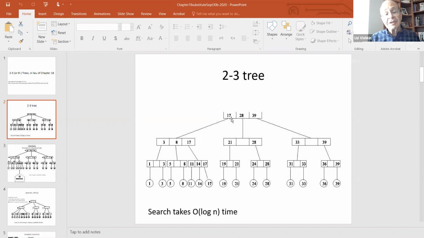What is this 17? 17 is the largest value on the left subtree. Since it has 3 children, it has a left, middle, and right subtree. The 28 is the maximum value in the middle subtree. 39 is the maximum value here.